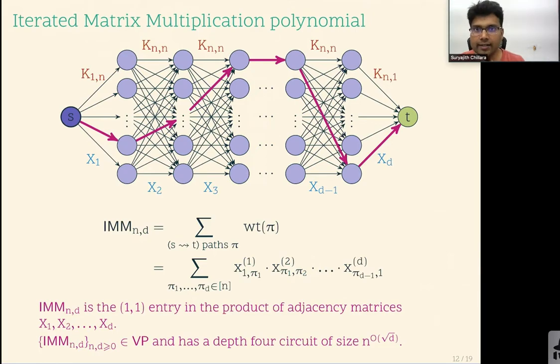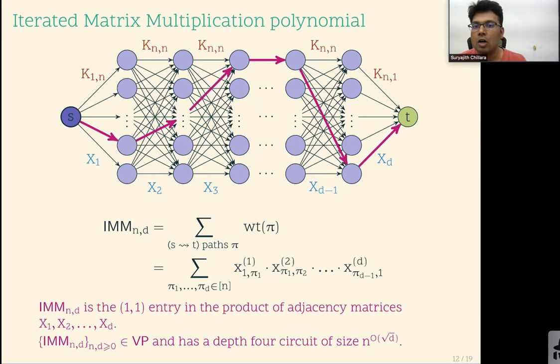So the polynomial of interest is the iterated matrix multiplication polynomial. So the iterated matrix multiplication polynomial is given by the source to sink layered graph. So the polynomial is given by the sum of weights of all source to sink paths. So here you take this layered graph such that each of these layers has n root nodes and there are d many layers, and every edge in this source to sink graph is labeled by a distinct variable.